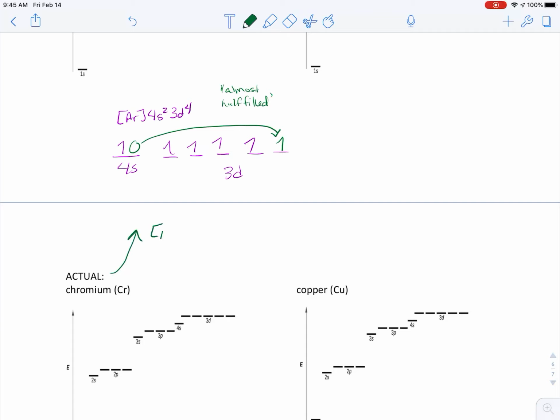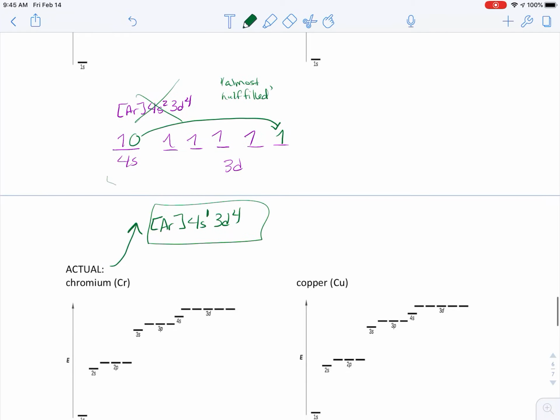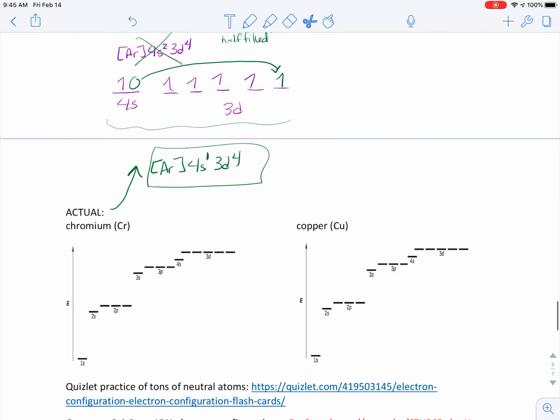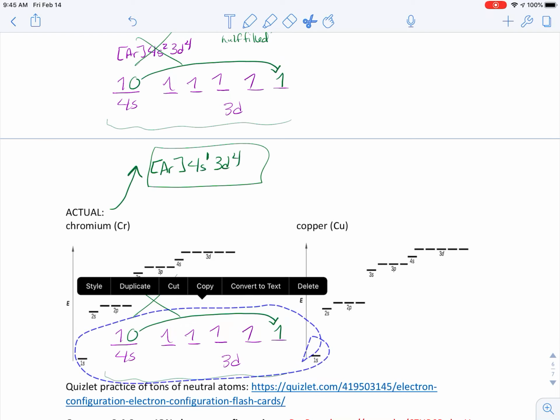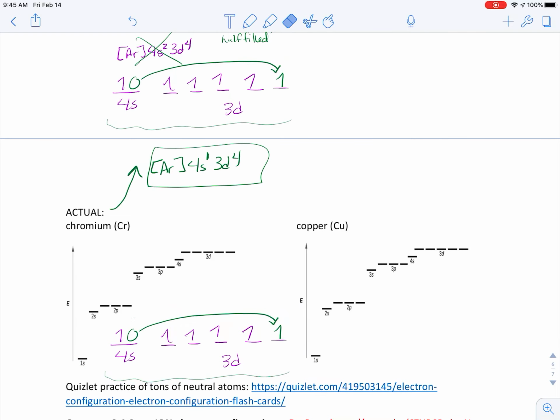So this right here is your actual configuration. It actually becomes argon 4s1 3d4. This is the answer, not that, because of this picture right here. And I'll copy it down so we have it on the next page. And again, the way those electrons look, everything down here is filled.